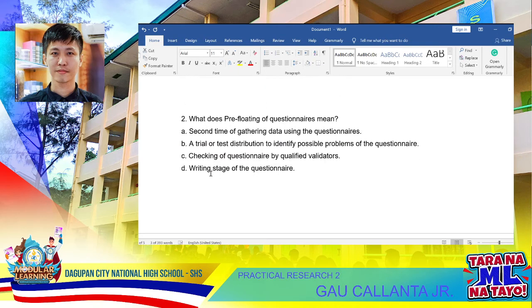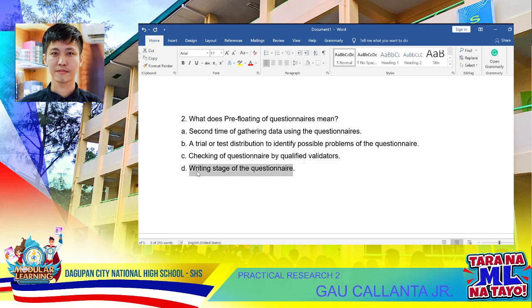Number 2, what does pre-floating of questionnaires mean? A, second time of gathering data. B, a trial or test distribution to identify possible problems of the questionnaire. C, checking of questionnaire by qualified validators. And D, writing stage of the questionnaire.